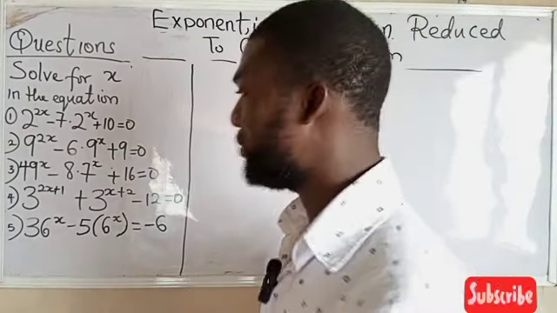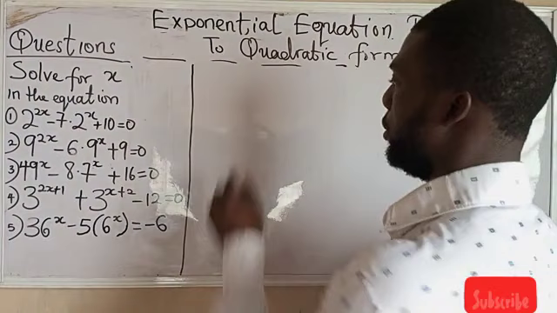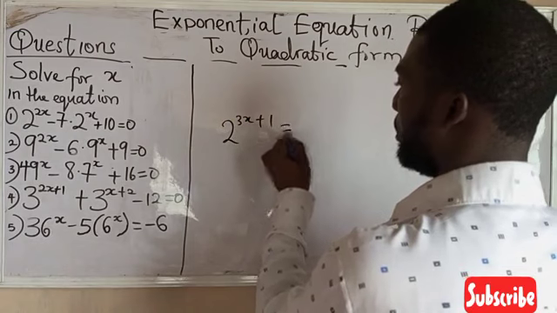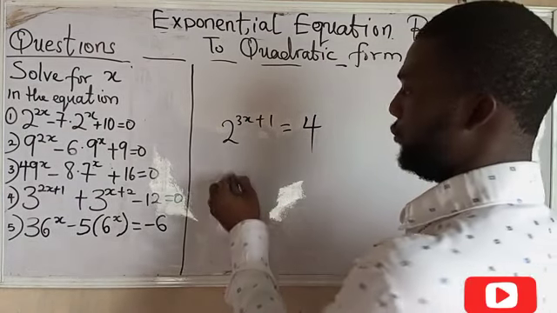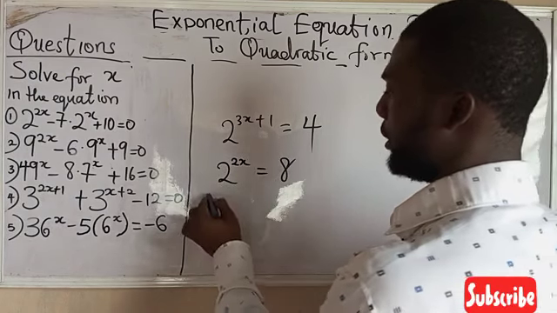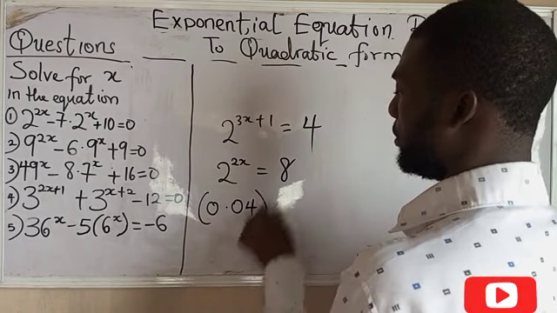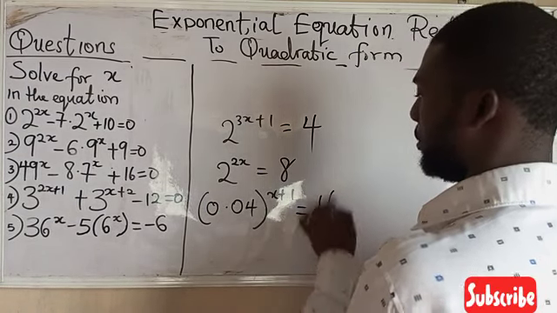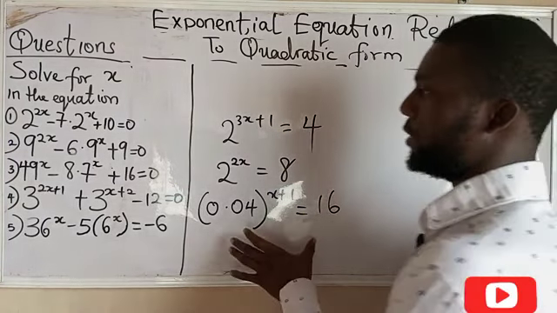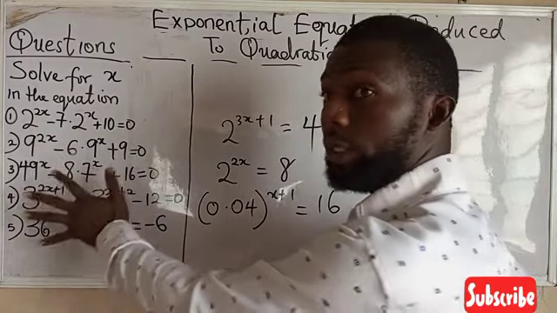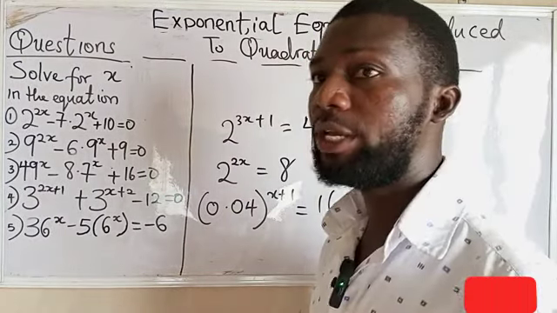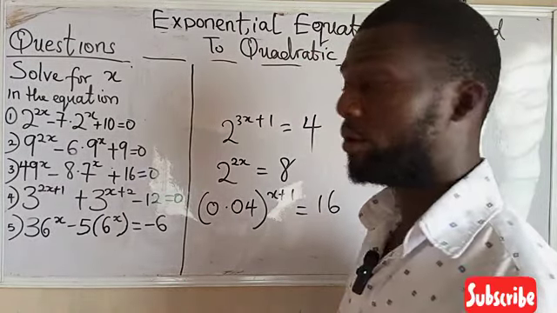Unlike the previous questions we've been solving on exponential equations, where we have been treating cases like this, we've treated cases like this, we've also treated cases like this, and so on and so forth, the difference between those and the one we are about to do now is this. How can you recognize an exponential equation reduced to a quadratic? This is how you recognize them.